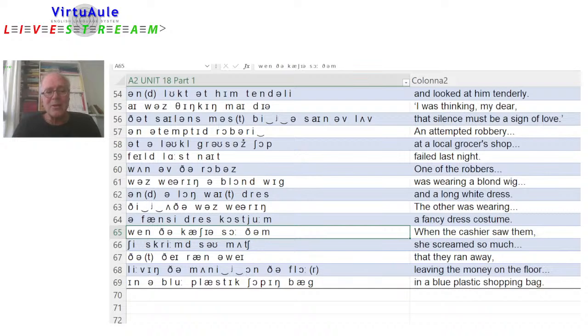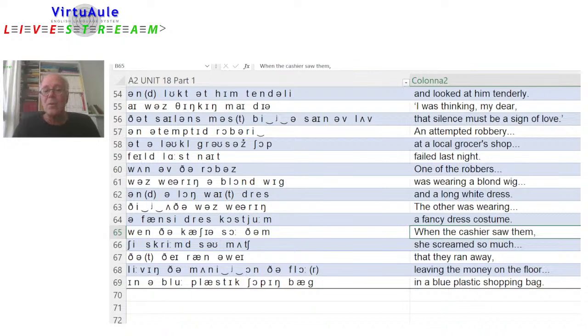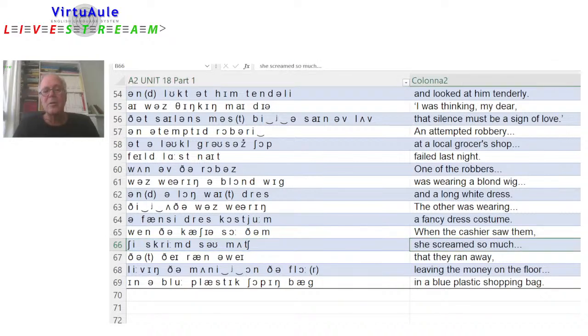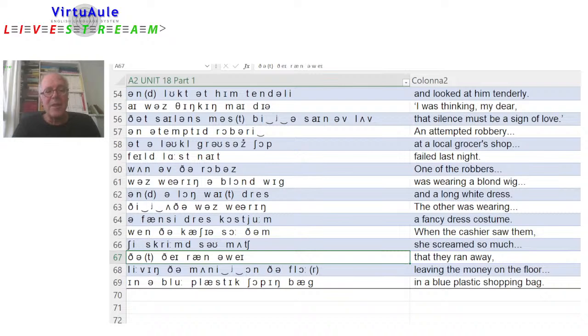When the cashier saw them, she screamed so much that they ran away, leaving the money on the floor.